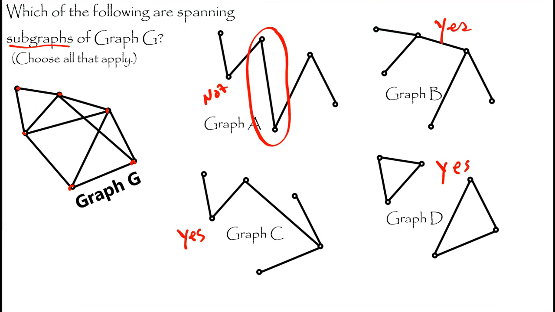The only thing I'll make extra note of is that graph D is the only one here that contains circuits. And graph D is not a connected graph. But it is still a spanning subgraph.